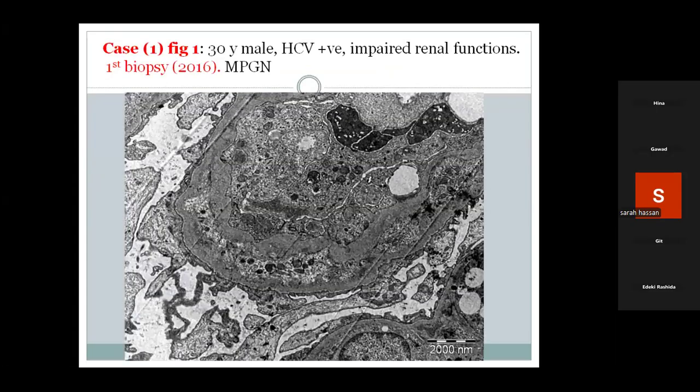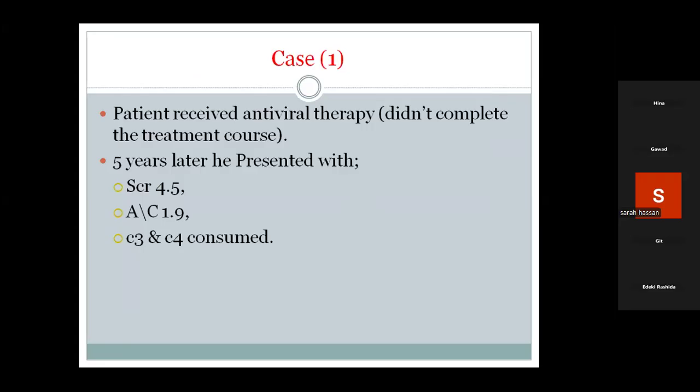Let's discuss our first case for today. It's a 30 years old male. He was HCV positive with impaired renal function, and his first biopsy in 2016 showed a membranoproliferative pattern of injury. The patient received antiviral therapy and didn't complete his course. 5 years later, he presented with serum creatinine 4.5, AC ratio 1.9, and his C3 and C4 were consumed.